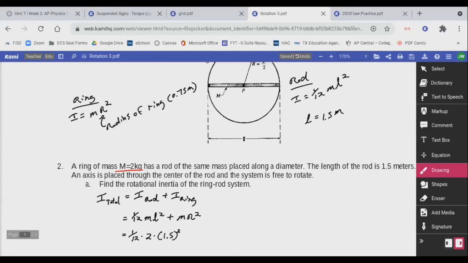I put it in parentheses because it's being squared. I don't want you to think the whole sentence is being squared. And then we have to add to that the mass, which is 2, times 0.75 squared.